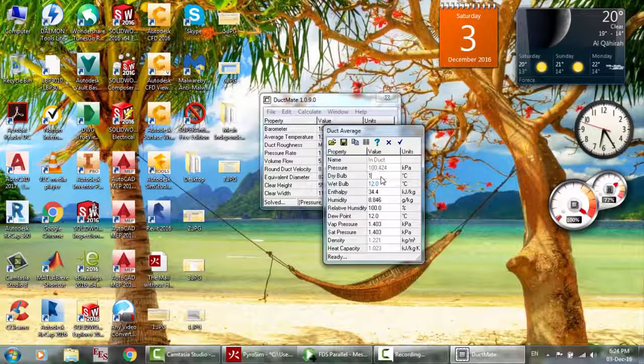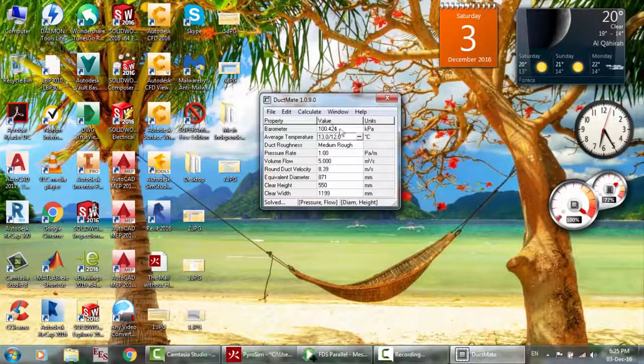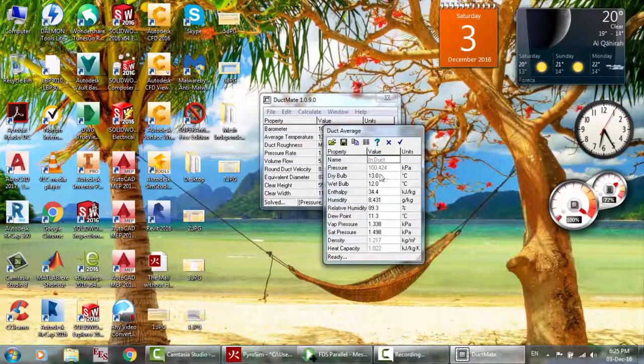So it may be 13, and the wet bulb is 12 inside the duct, and you have to enter at least two.